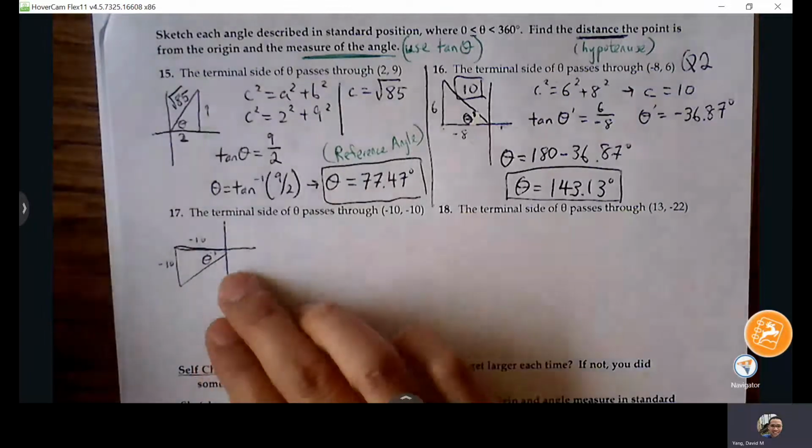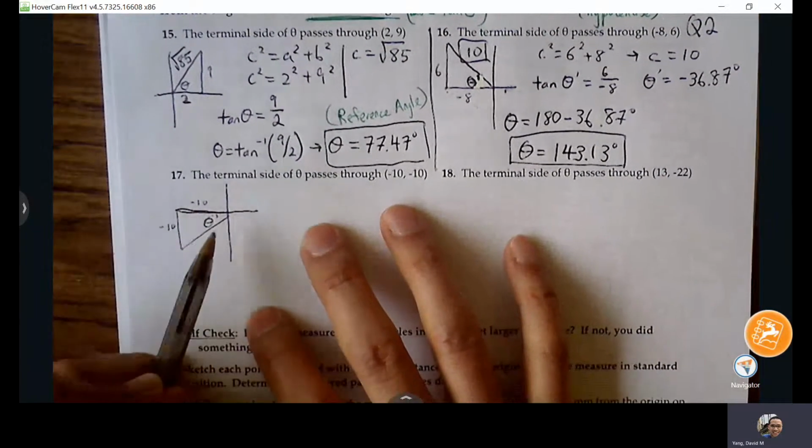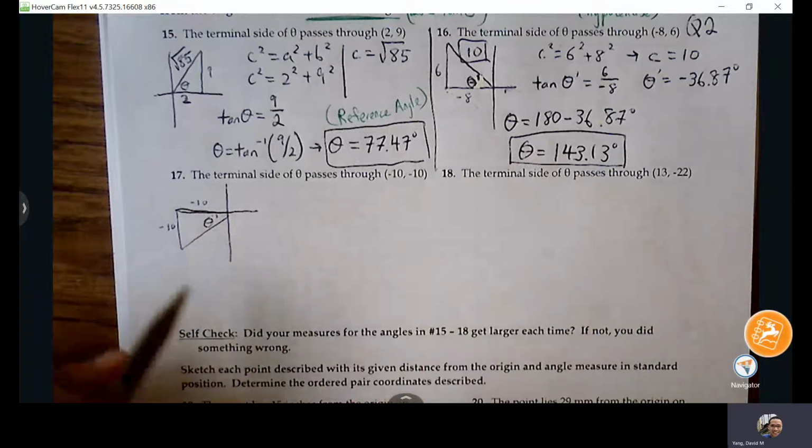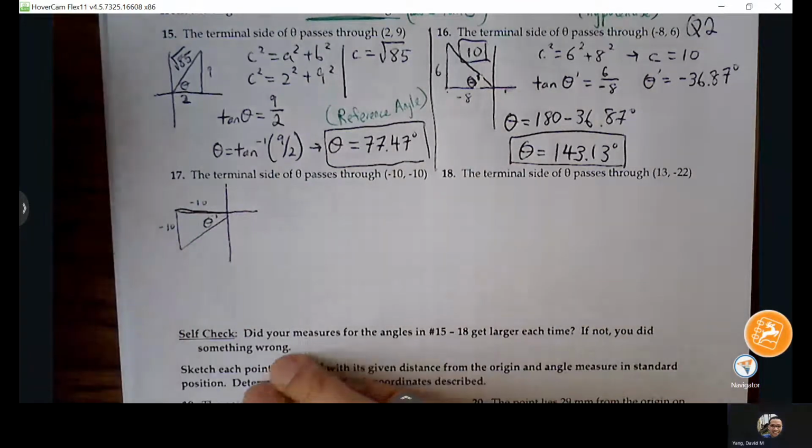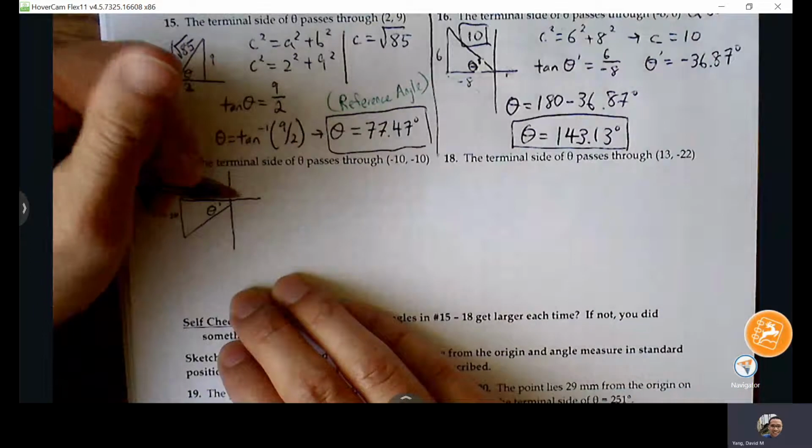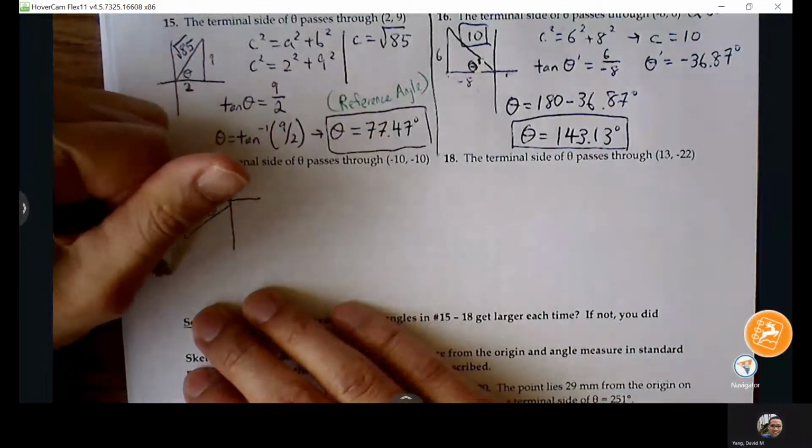I'll call this theta prime because it's not the true big theta that we need, but it is helpful to get that angle of the triangle first. Okay, Pythagorean theorem.